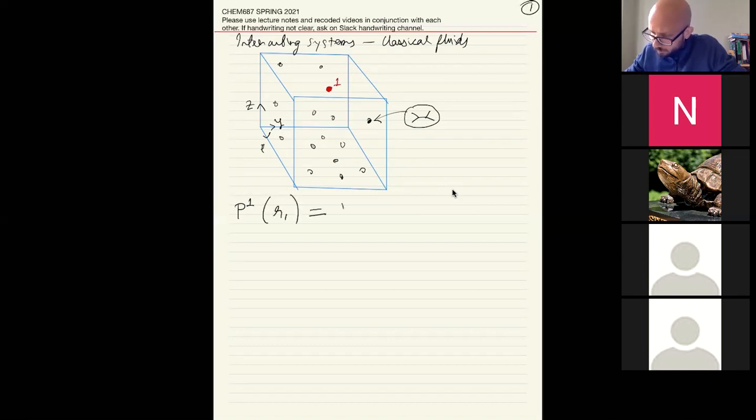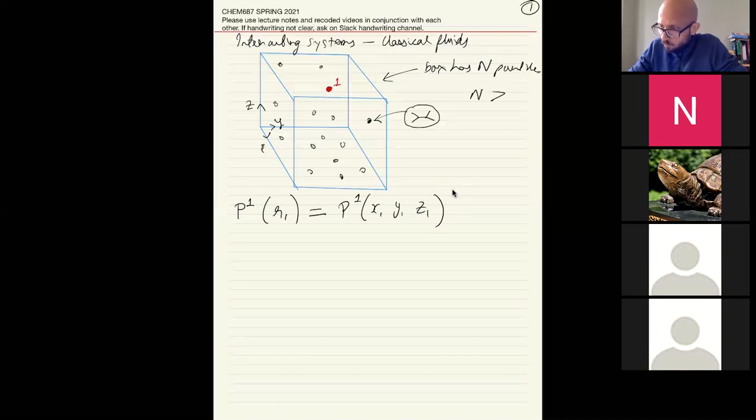It's a coordinate system, so we can say particle number 1 at given location X1, Y1, Z1. And to be very clear, the box has N particles where N is way bigger than 1. The box has many, many particles, and we are talking about the probability of finding any one particle at a time at a position X1, Y1, Z1.